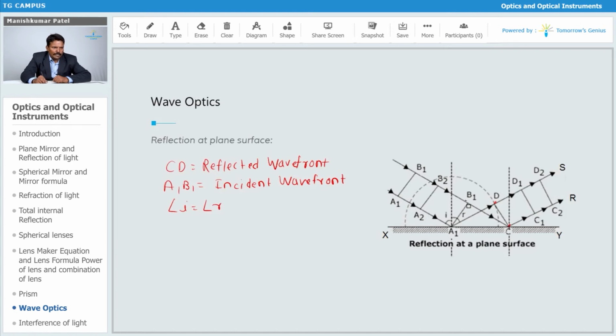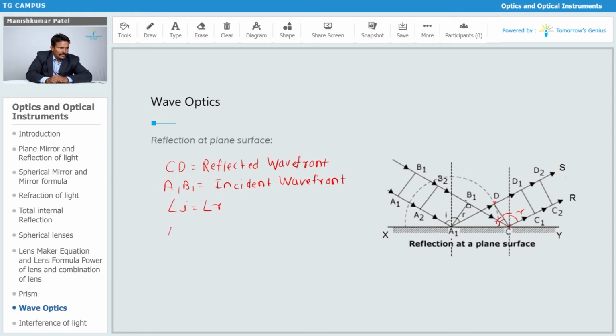Let's say this angle of reflection is R, then this has to be 90 minus R, then this has to be R. So this angle which I have shown here is nothing but R.